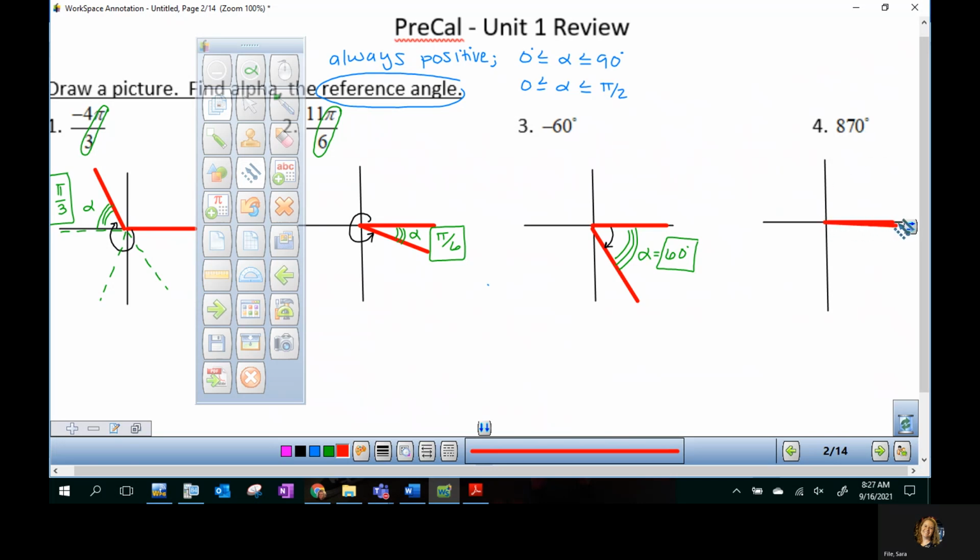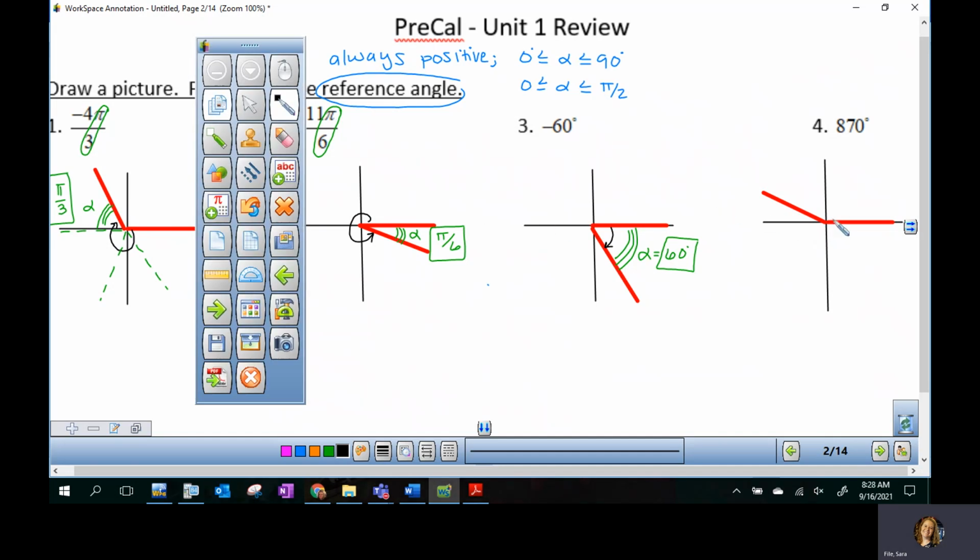Okay. So that would put me here. Okay, so now when you sketch this, your arrow is going to spiral around a couple of times and then do that extra 150, right?